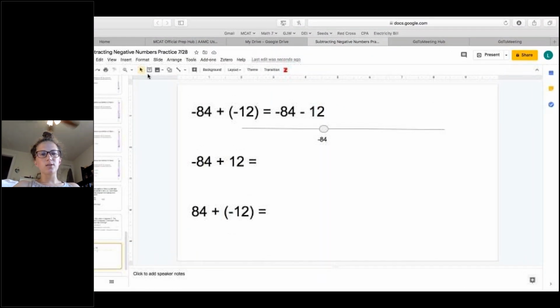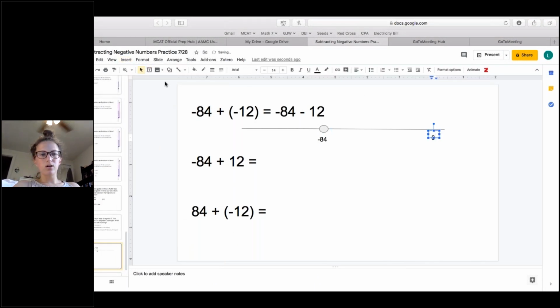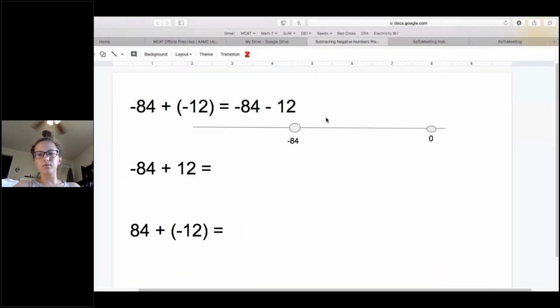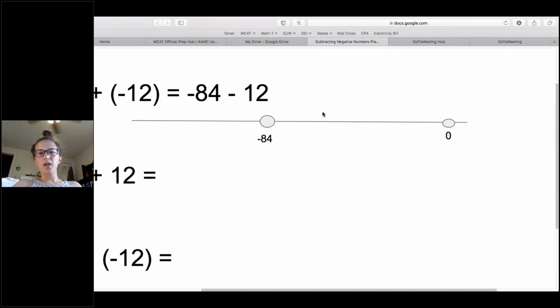Let's pretend 0 is over here, because negative 84 is going to be on the left. If I'm at negative 84, you're subtracting 12. That means you're taking away 12. Are you going to get more positive or more negative? More towards the negative.